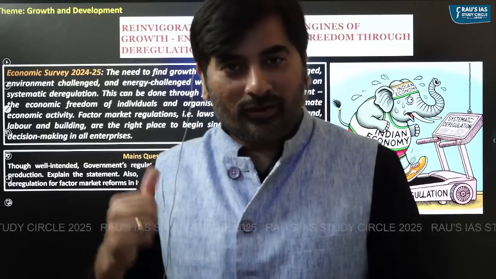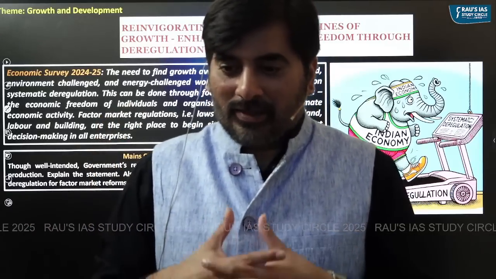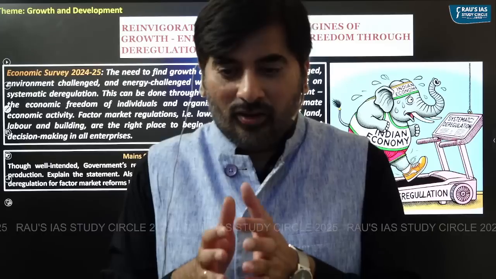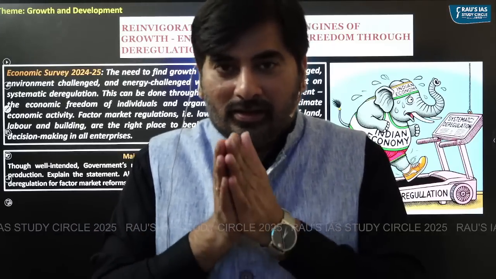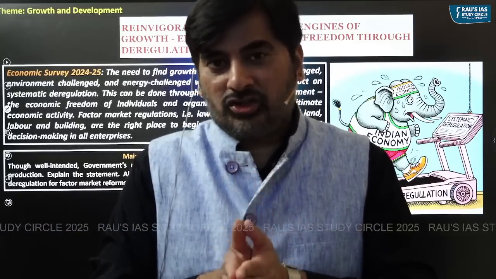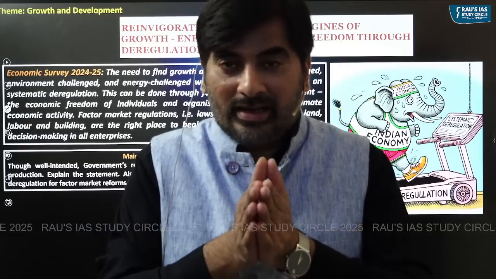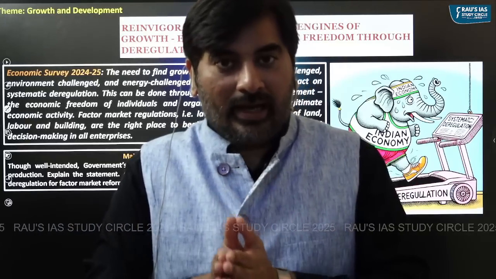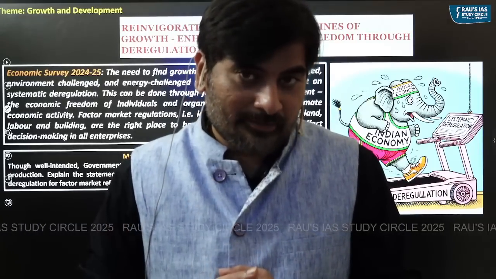That is what we are going to cover now. So the economic survey this year has focused on systematic deregulation, that is reducing the rules and regulations so that the factors of production, that is land, labor and capital, can be more efficiently utilized.